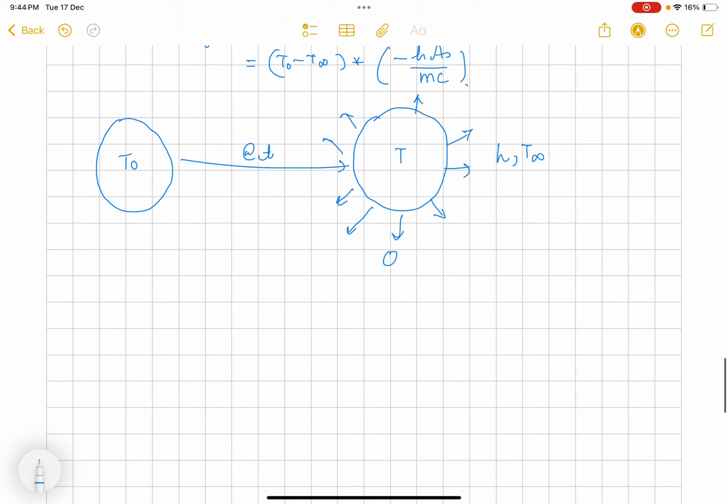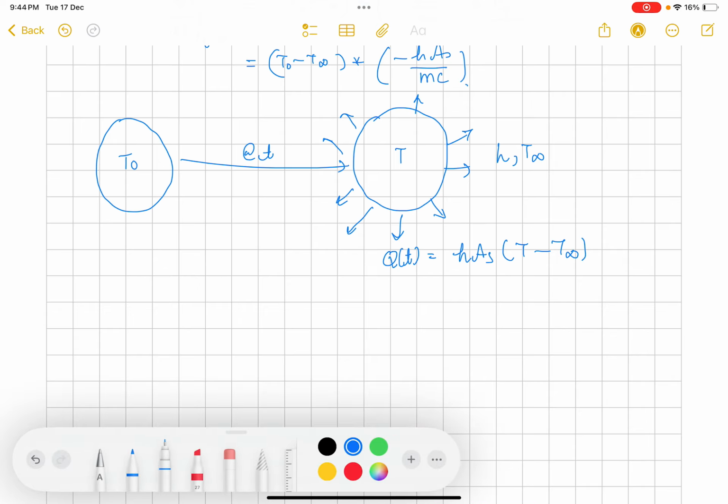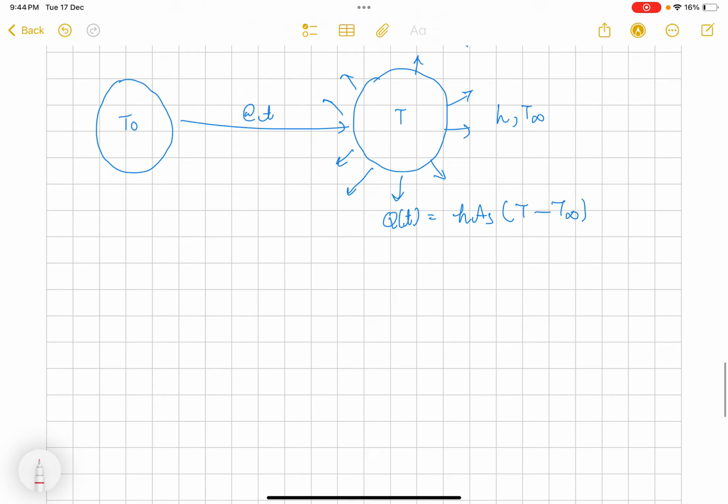That is called the instantaneous rate of heat transfer, which is a function of t, and is nothing but h times As times (T − T∞). If we go term by term, h is not a function of time, As is also not a function of time, T∞ is also not a function of time, but T is a function of time, right?